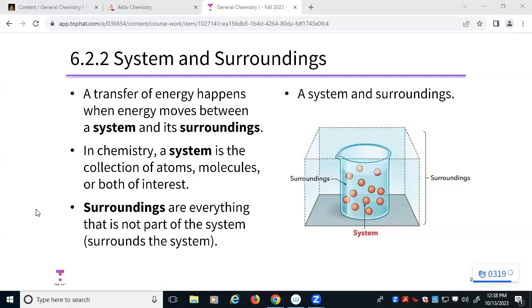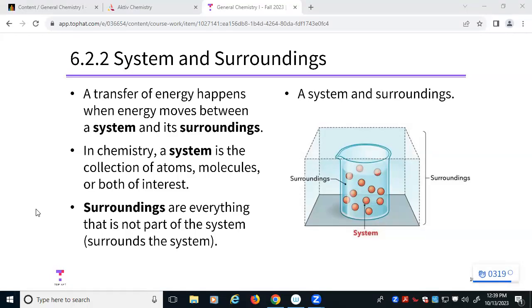It's where the reaction is taking place. So it's not actually participating in the reaction, it's encapsulating the reaction, it's surrounding the reaction, it's part of the surroundings. The reason we have to have this hyper focus on system versus surroundings is because without this focus, it becomes very difficult to track energy.